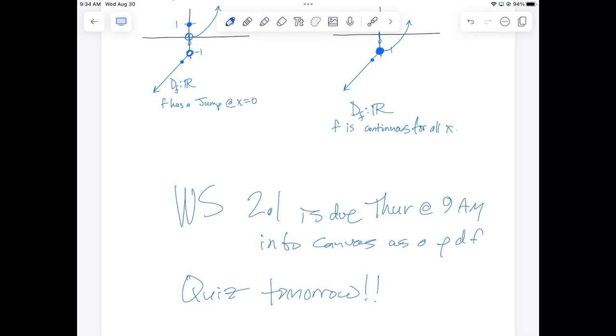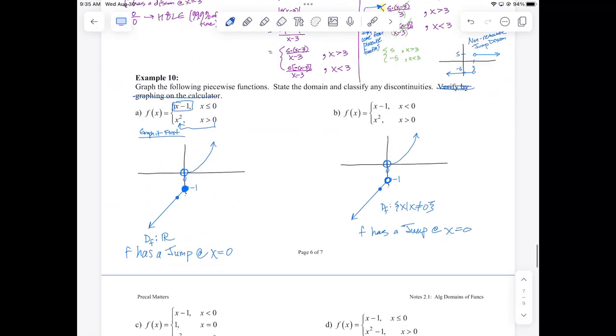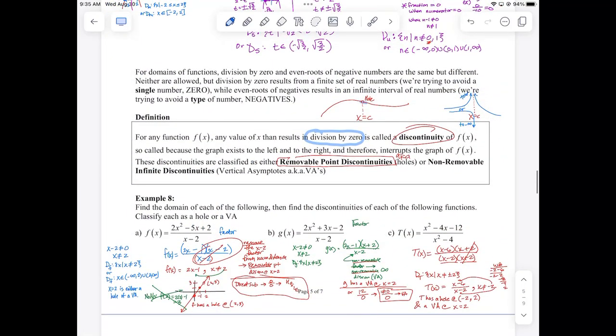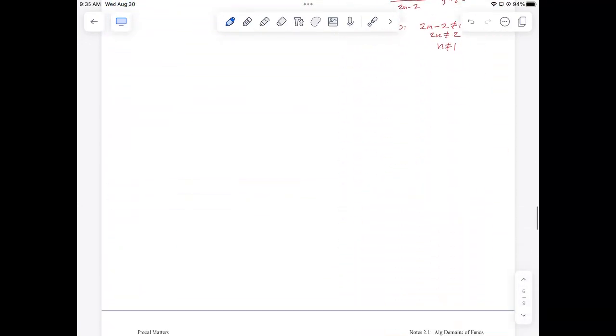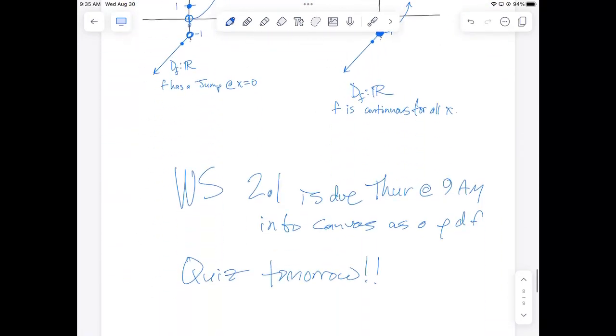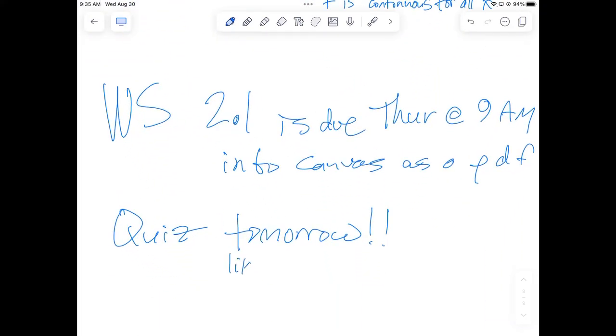Just to see how well you obtain things from your worksheet. All right, and then, of course, tomorrow in the quiz, instead of being like example whatever it was before, it's going to be mainly on discontinuities. So your quiz tomorrow will be mainly like example 8 and example 10. Okay, let me write that on there. It'll be quiz tomorrow like example 8 and example 10.